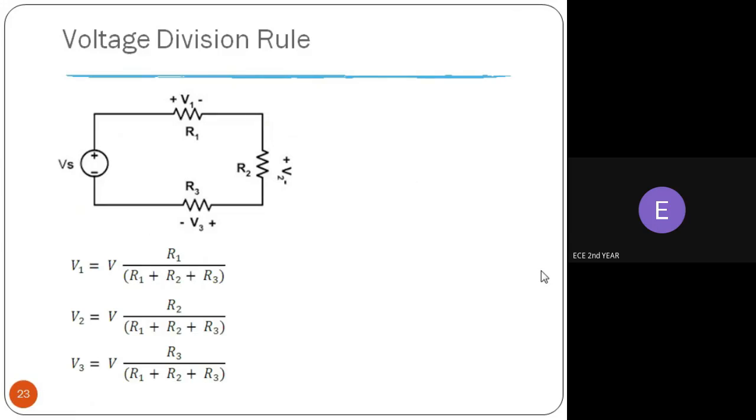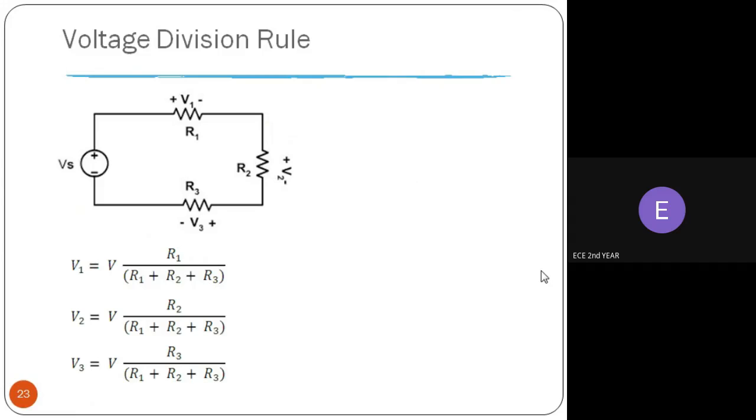Here R1, R2, R3 are three individual resistances connected in a series circuit, and the voltage drops across them are V1, V2, V3 respectively, and the circuit is excited with the voltage V.